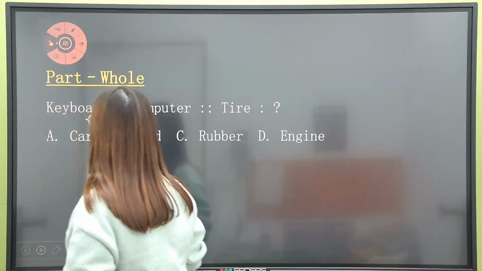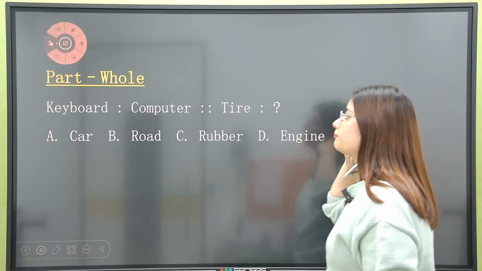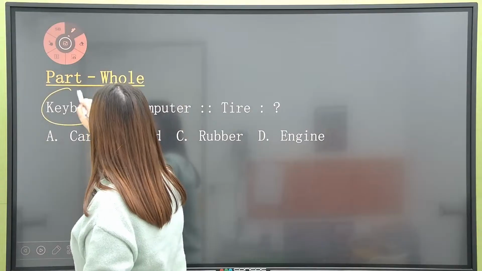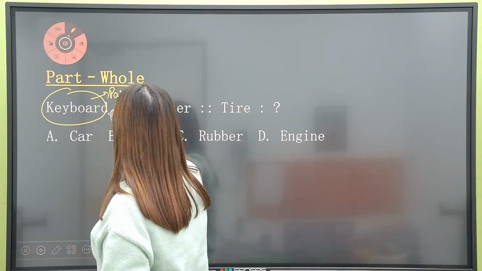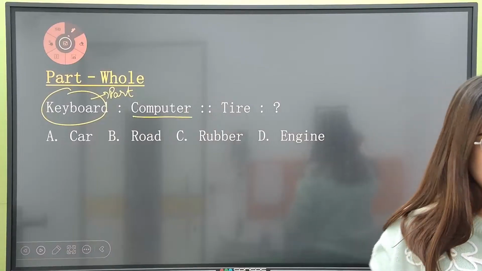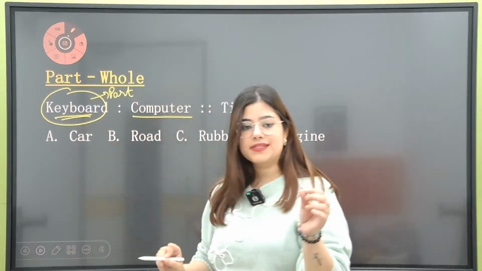Next, part to whole. Keyboard is to computer. Now keyboard is a part. Keyboard is a part of computer. So the first word represents the part.